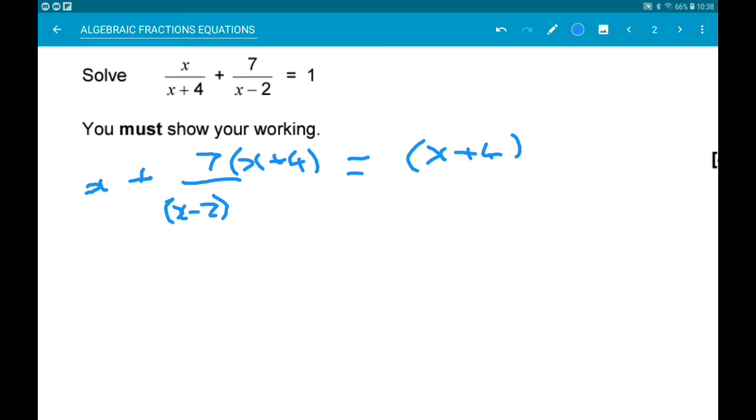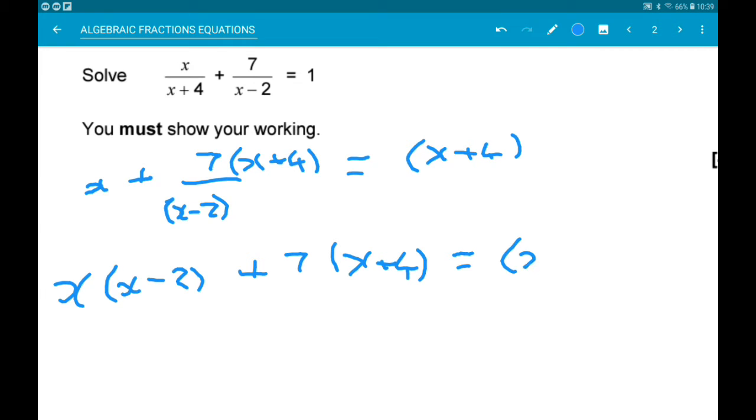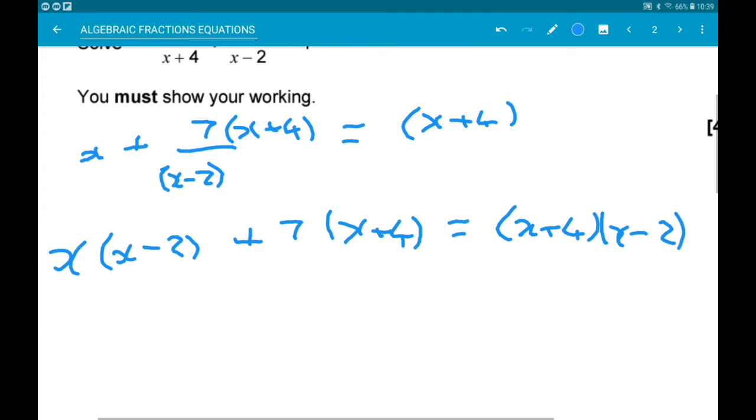So that's going to give me x times x minus 2 add 7 lots of x add 4. And on the right, that is now x add 4 times x minus 2. Next, we need to expand all the brackets.